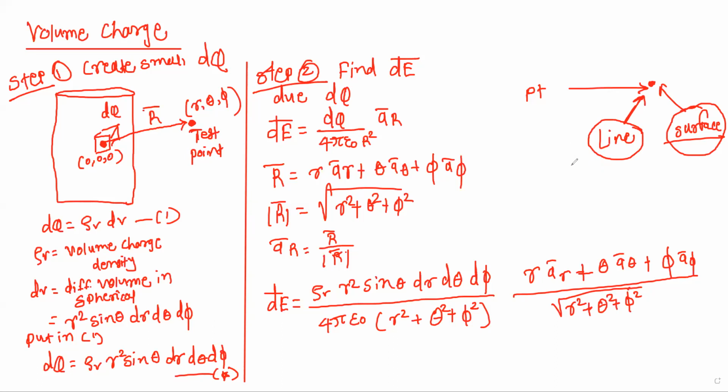So horizontal, vertical component: in case of line charge, the vertical component cancelled, and only the radial component remained. Okay. Here in surface charge, the radial component was cancelled.